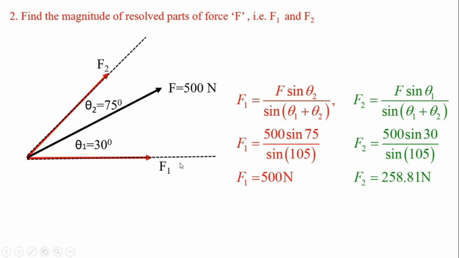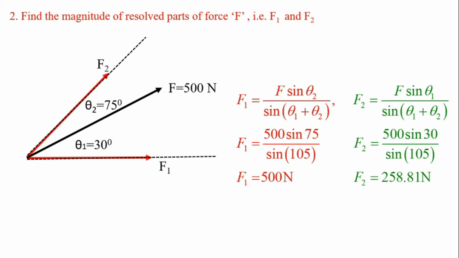But this is the rough sketch given, and this sketch gives us an idea that these two components are acting along two non-perpendicular directions, because theta 1 plus theta 2 is equal to 105 degrees, and hence again here we will be using skew resolution. Since in the given figure F1 and F2 are shown, we do not have to modify the figure.